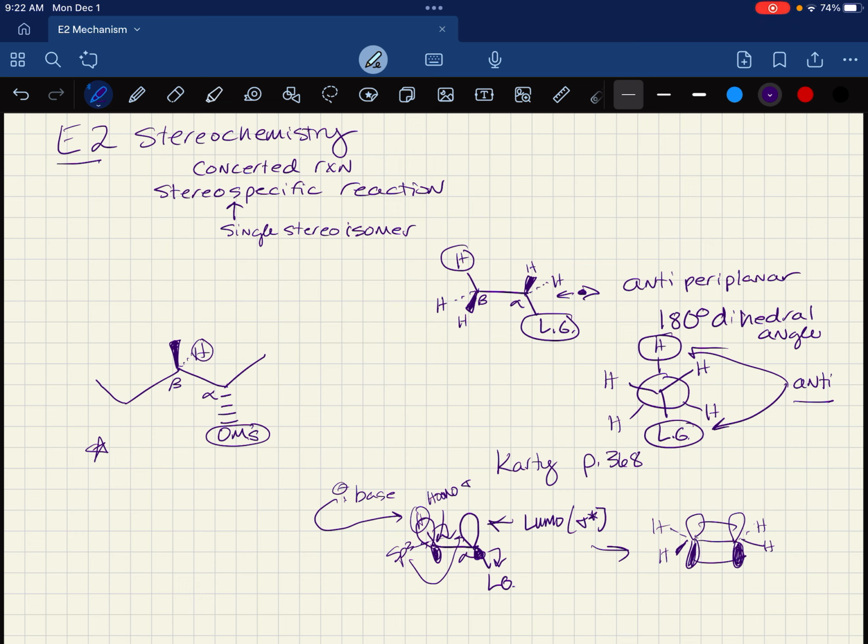So the transition state for this one, when you have the base going to grab that proton, pi bond forming, the leaving group leaving, that transition state is going to look like this, where the base-H bond will be forming, the H-carbon bond will be breaking, the pi bond will be being made, and the leaving group will be leaving. So all of that is going to be happening simultaneously.